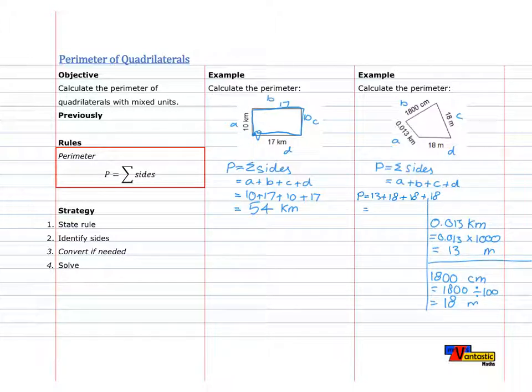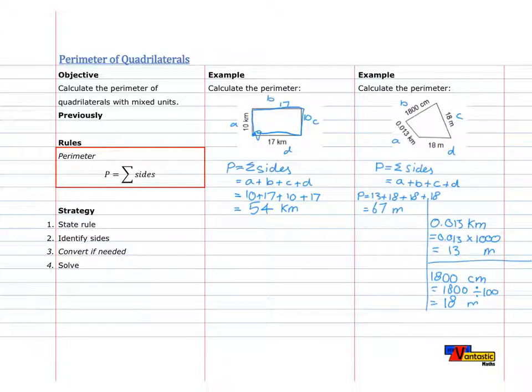And again, you can do this out of your head, or you can use your calculator, and we're going to get the answer 67. And we changed all of this to meters. And so if we wanted to walk all the way around this shape, walking around all four sides, we would walk 67 meters. So the perimeter is 67 meters.